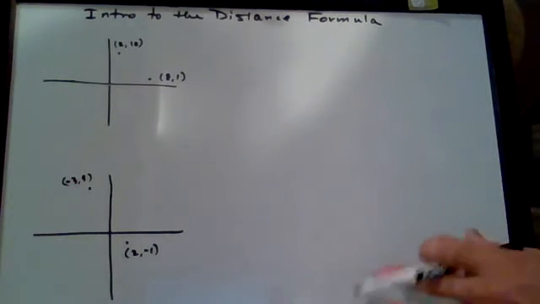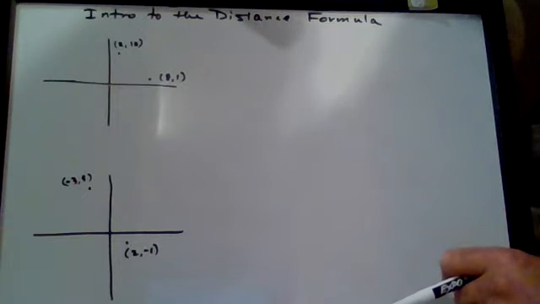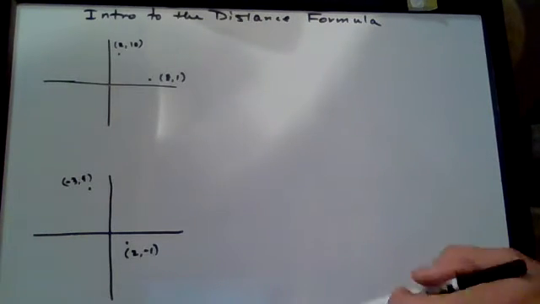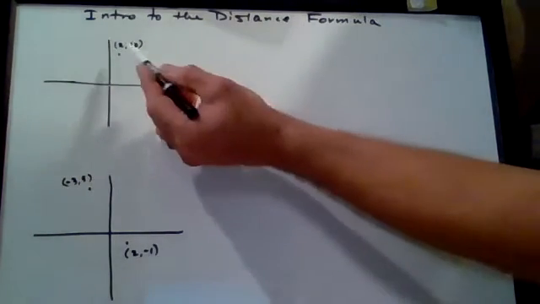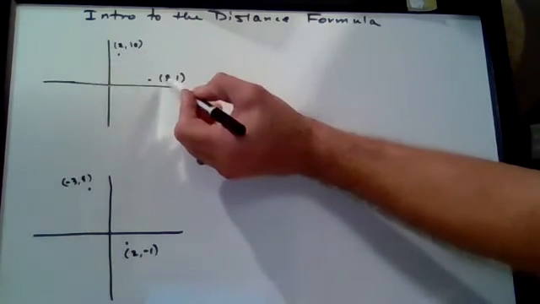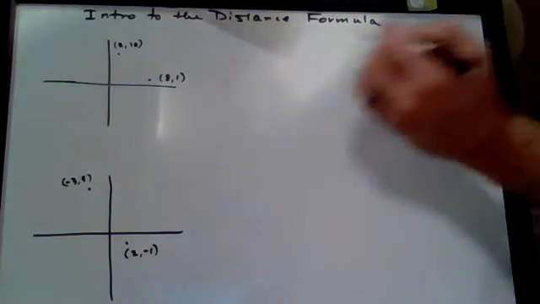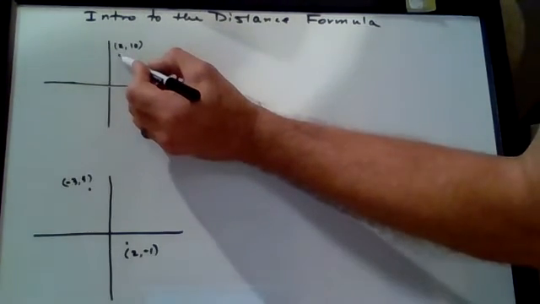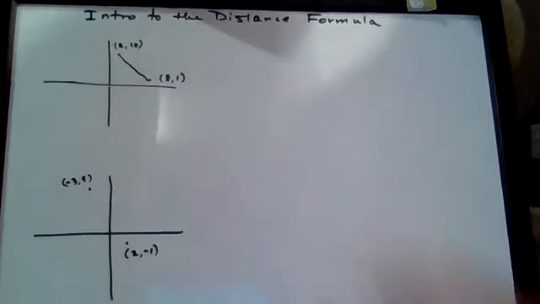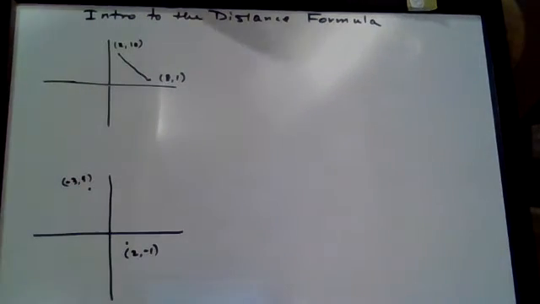Here is the first step, what you're gonna be learning today about the distance formula. Say you had 2 points, (2, 10) and (8, 1), and I wanted to find the distance between them, the straight line distance.